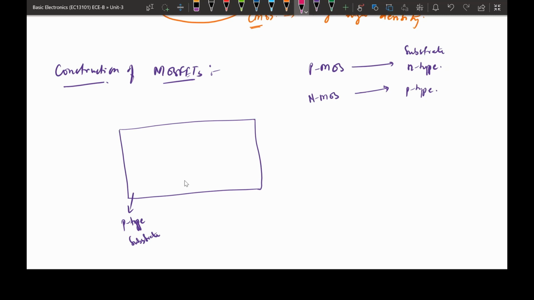On this substrate, we will have two regions. One region is for source and drain.